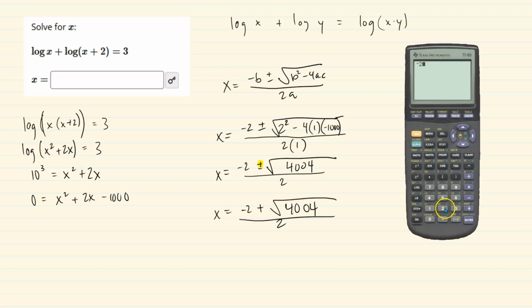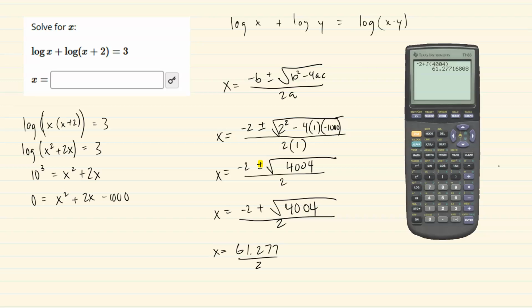Negative 2 plus the square root of 4004 gives 61.277.